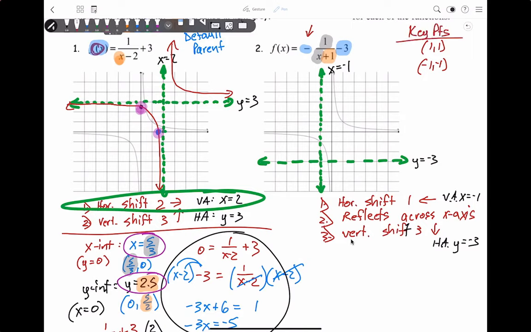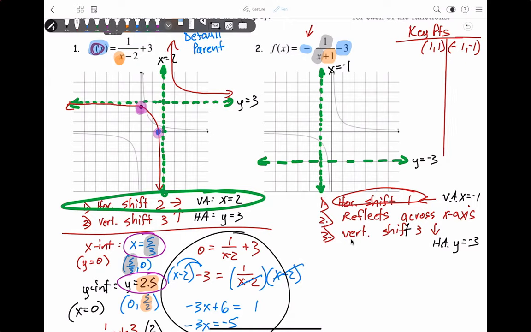Okay, here we go. So if I looked at a horizontal shift 1 to the left, let me do it this way. I'll put 1, 1 right here, and then we're going to go downward and do the transformations and see what we end up getting.